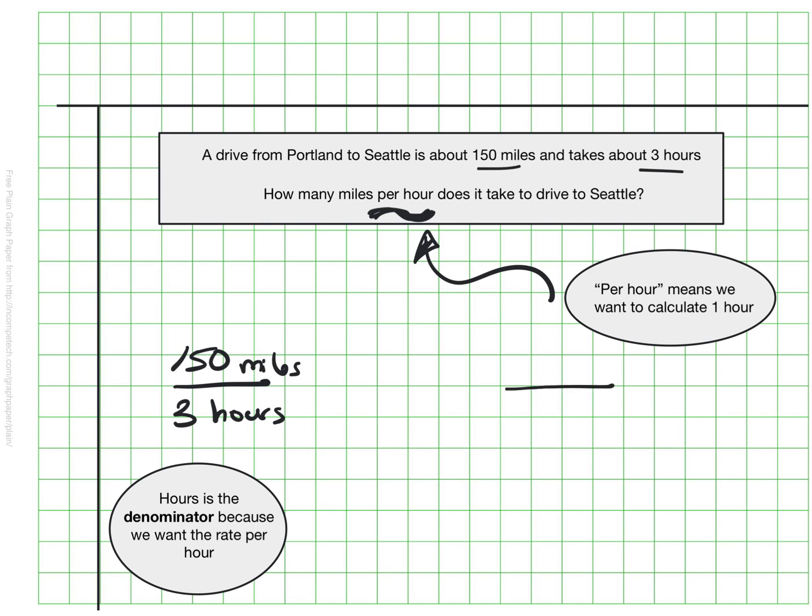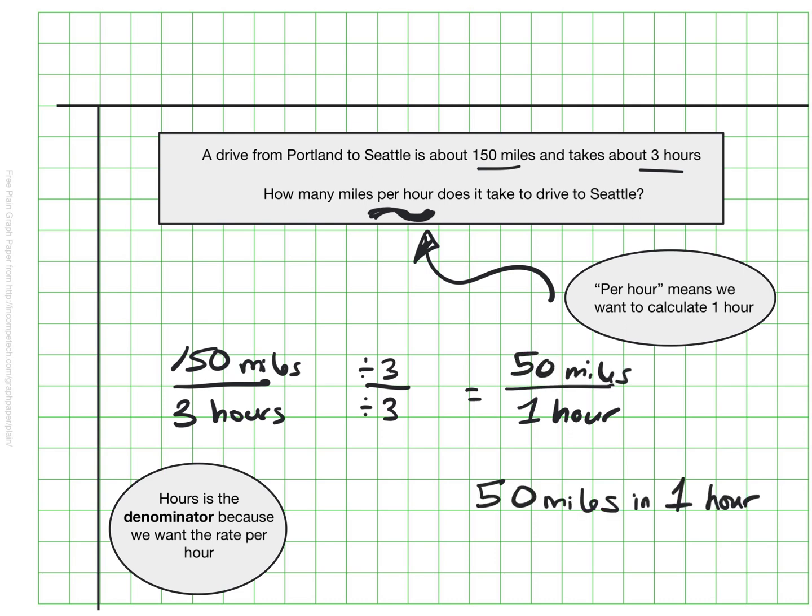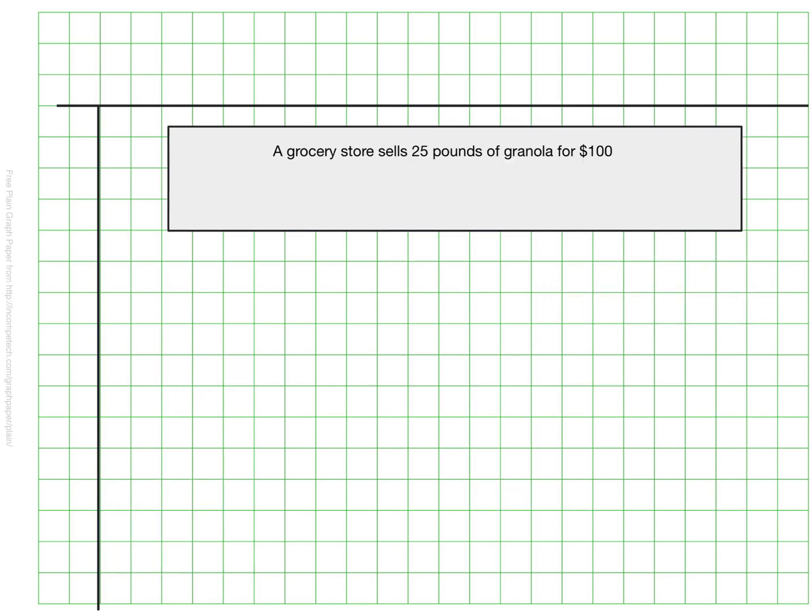From there, I know I'm trying to get the denominator to be 1 hour. And of course, to do that, I need to divide 3 by 3 to equal 1. So I'm going to do the same thing on my numerator, and 150 divided by 3 is 50. Which means the unit rate is 50 miles in 1 hour, or 50 miles per hour.